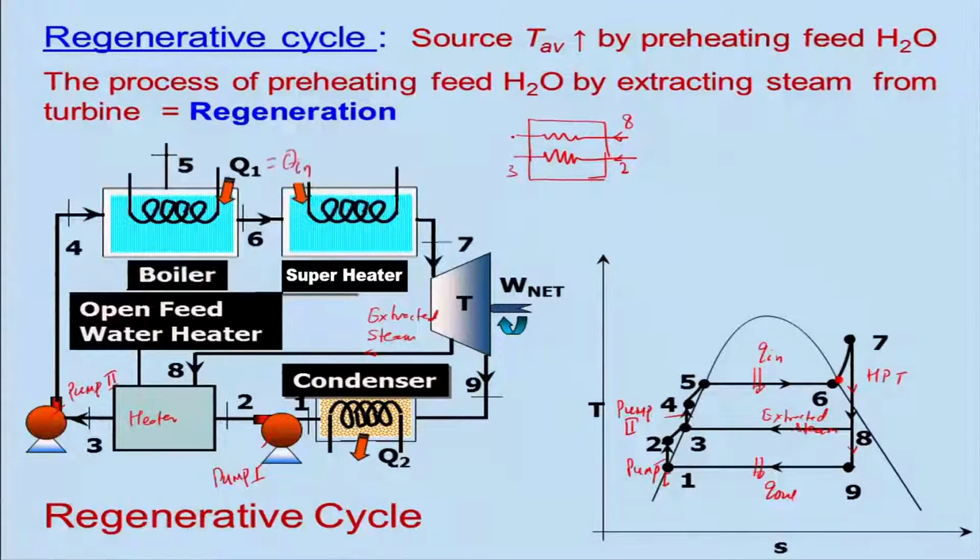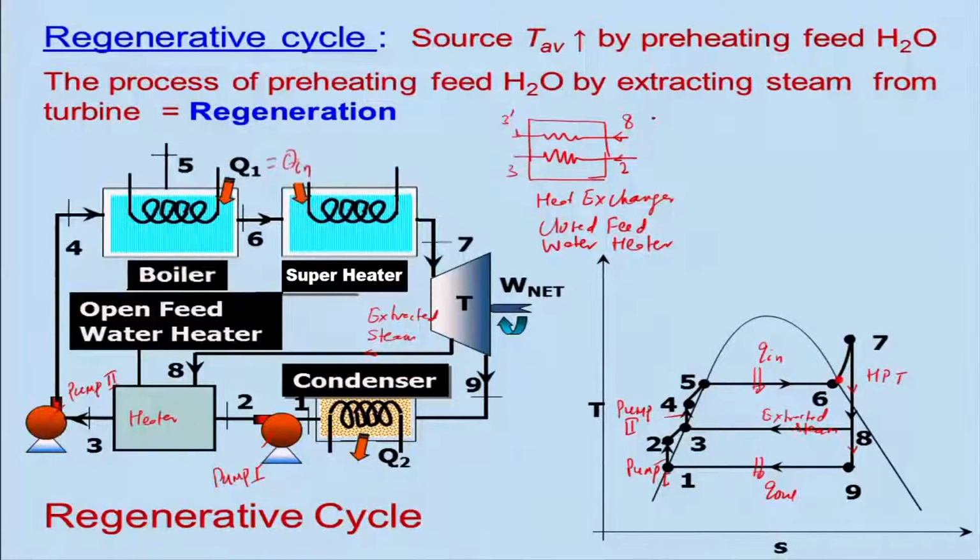I can say this is maybe 3 dash. So, this is the heat exchanger. This is what I call a closed feed water heater. Are you getting it?